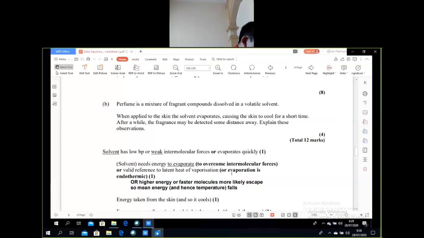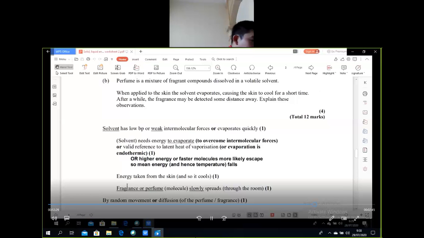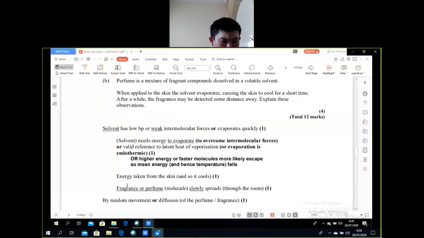So the process is, why is it cool? Because it is endothermic. Higher energy or faster molecules directly escape, so the mean energy falls. That makes the energy taken from the skin, so it cools. We know that endothermic is energy given in by the surrounding.